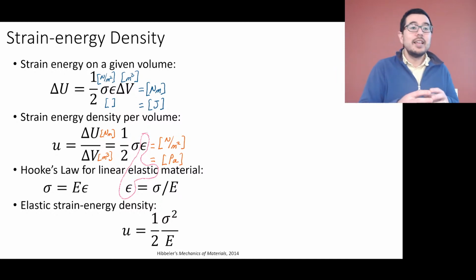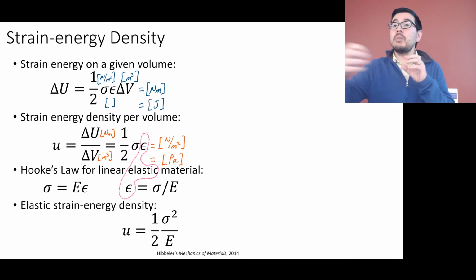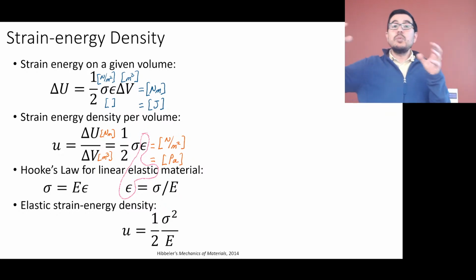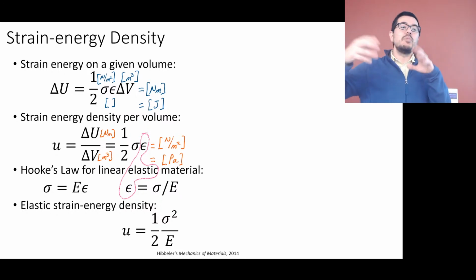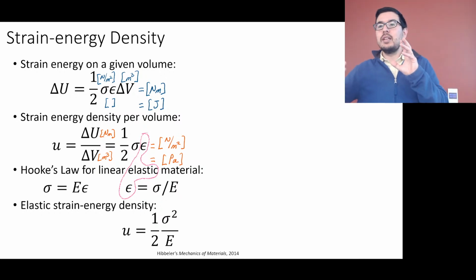Like a rubbery material: if I put the same amount of stress in a rubbery material and it stretches a lot, it has a lower elastic modulus, so it's going to stretch more. That's actually going to be holding more strain energy density per volume than a material of the same dimensions.